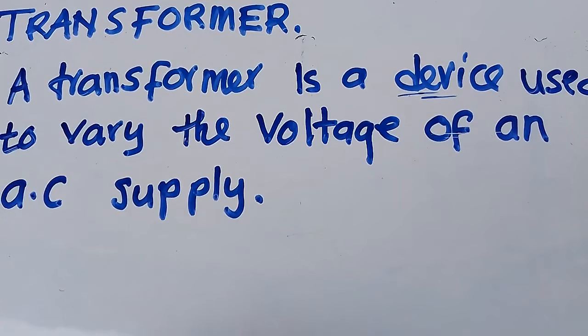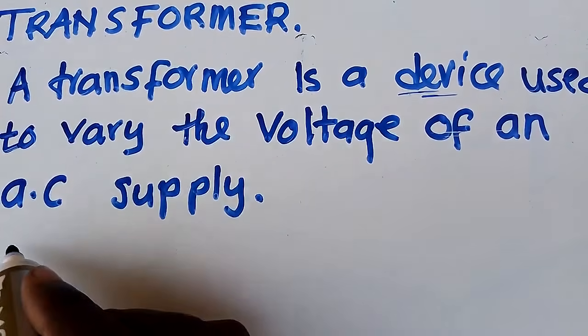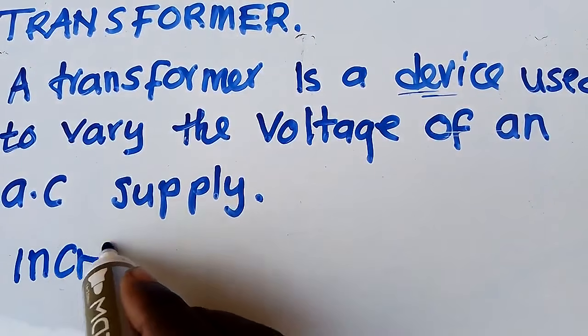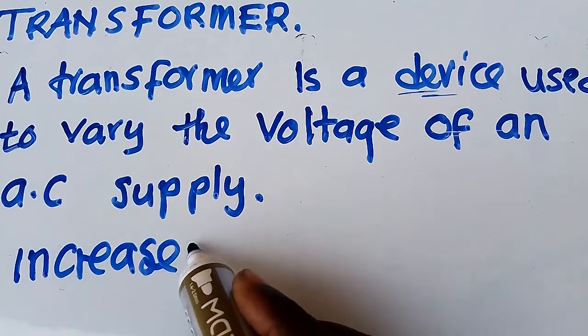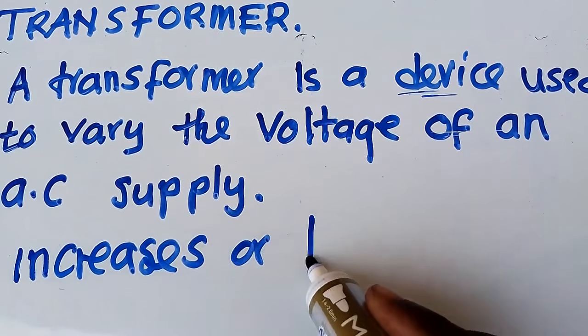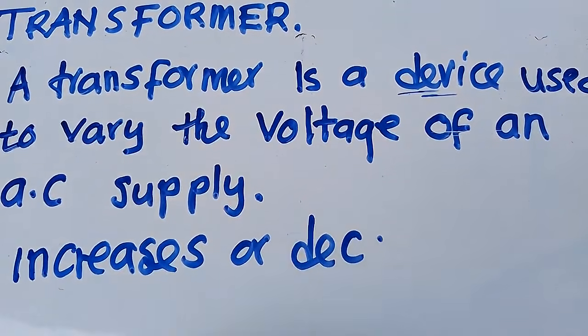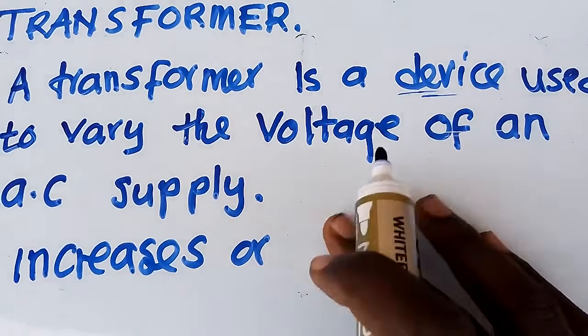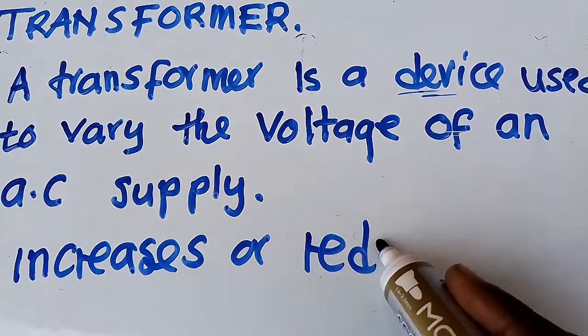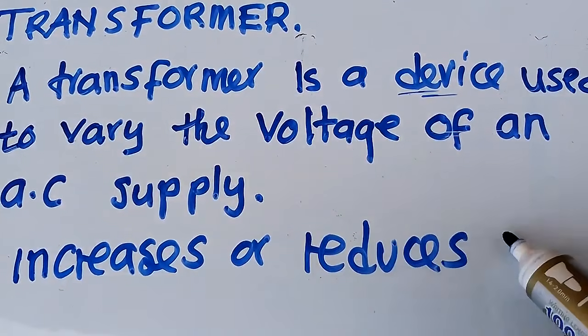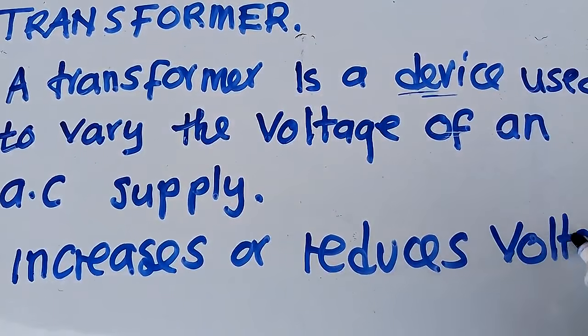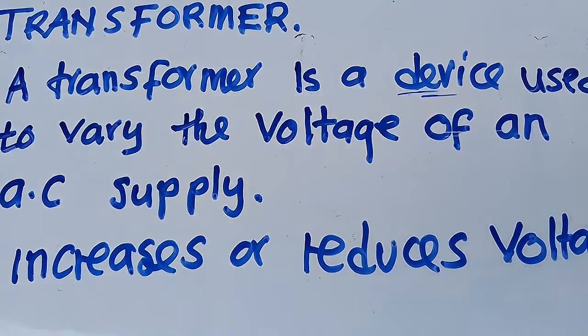Some people will tell you that a transformer is a device that increases or reduces voltage. So it is going to increase or it is going to reduce. That is a transformer.